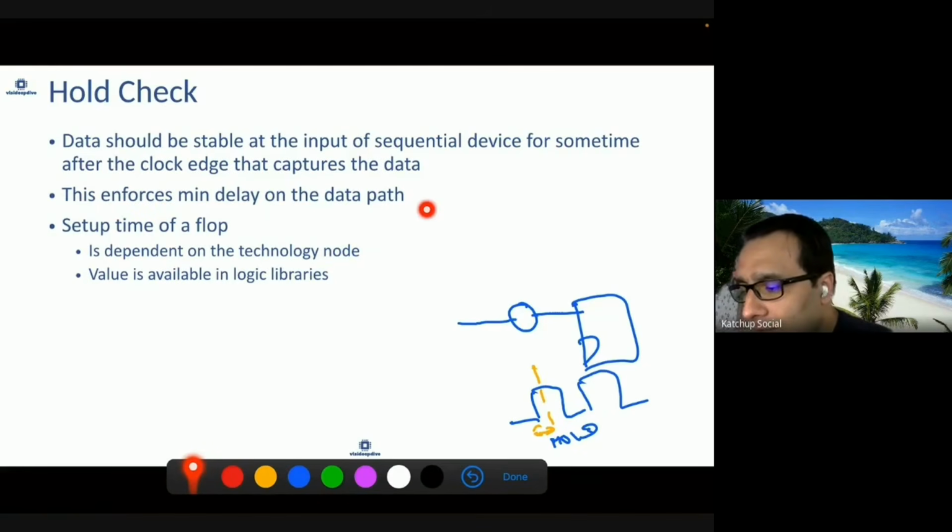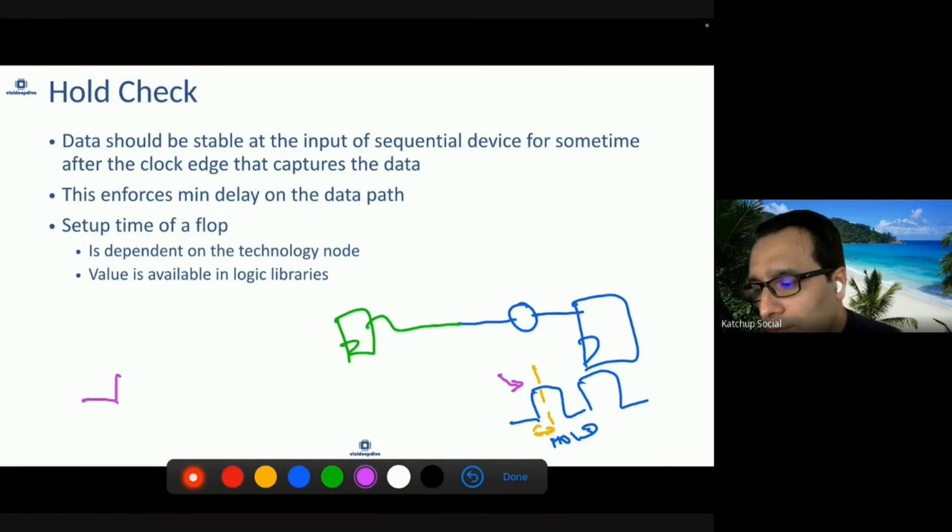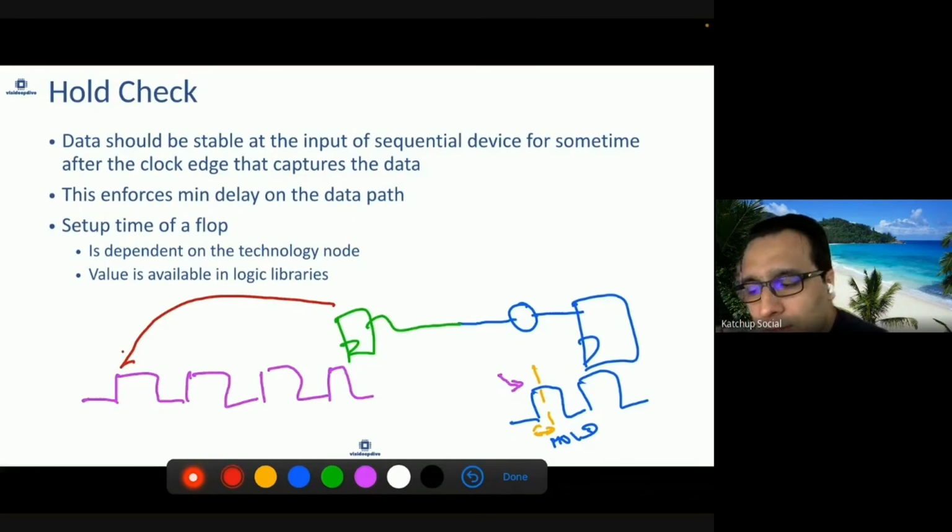How does it enforce a min delay? Let's say you have a flop launching data, and let's say your data is being captured on this clock edge. So let's use a bigger waveform to explain how it forces a min delay. Okay. So let's say you launched data from this flop on this edge, and this flop is capturing on this edge.